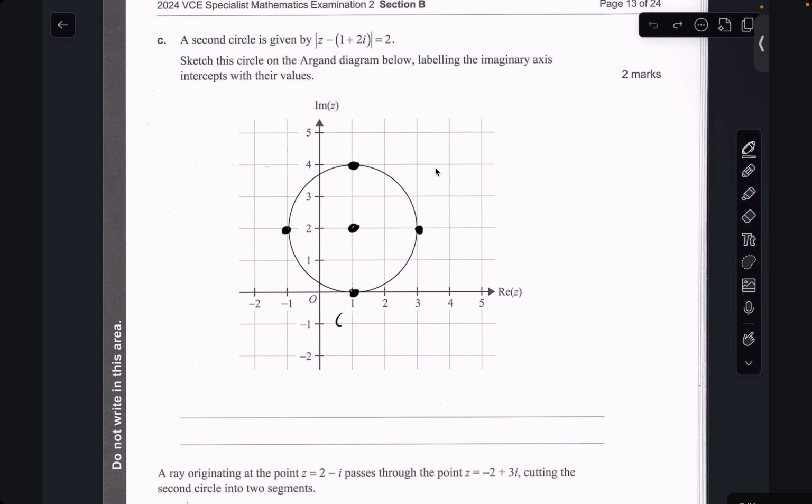Seriously? Okay, so this is x minus 1 squared plus y minus 2 squared is equal to 4. And so the imaginary axis intercept is y minus 2 squared is equal to 3. And y is equal to 2 plus or minus root 3. So this is 0, 2 plus root 3. This is 0, 2 minus root 3.